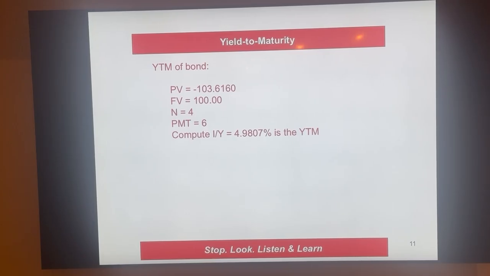So if the par rate was 6% when this bond was issued, it would have been trading at $100, and then if the market rates declined, then the value of this bond will have increased. And so we see that the rates have declined down below 6%, so 4.9807% makes sense, given that this is a bond that's trading at a premium to face value.